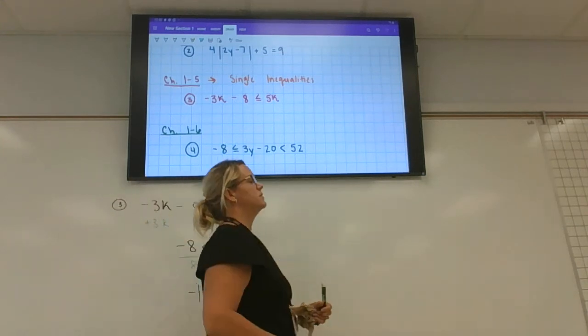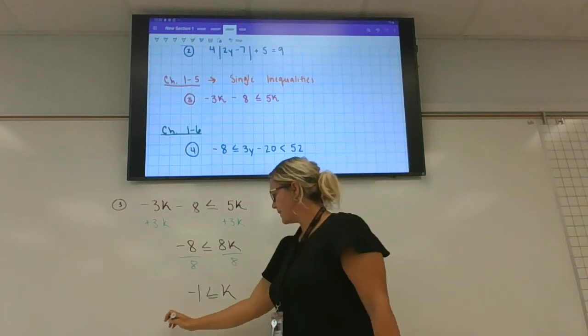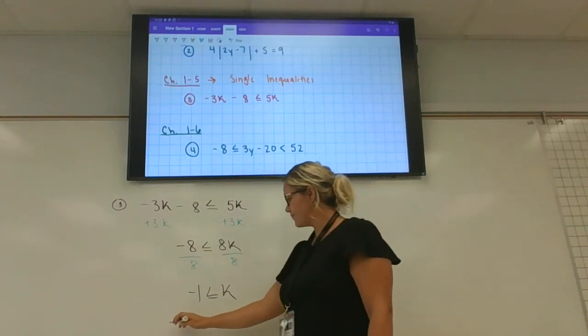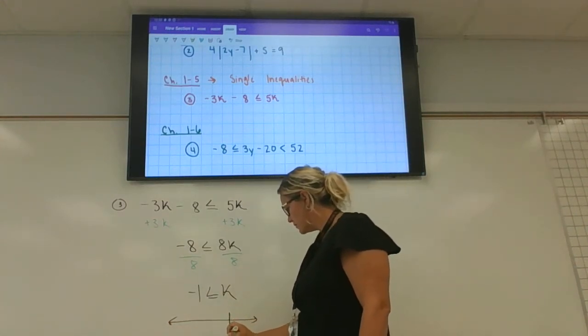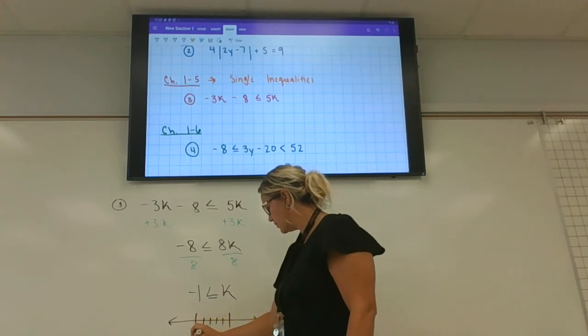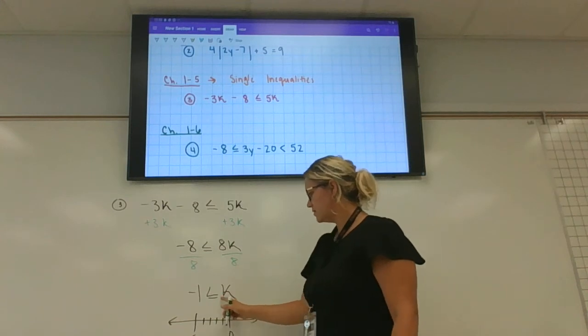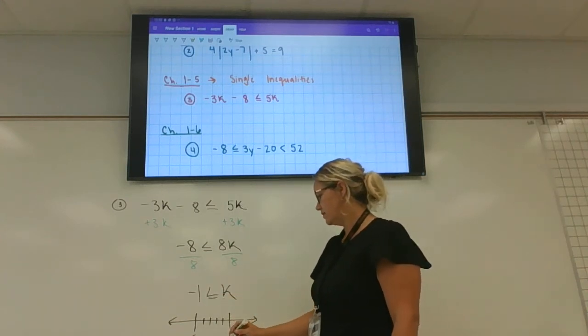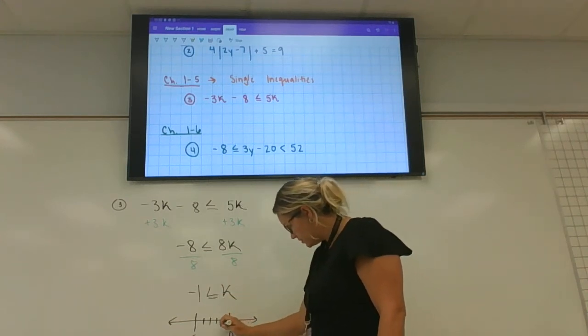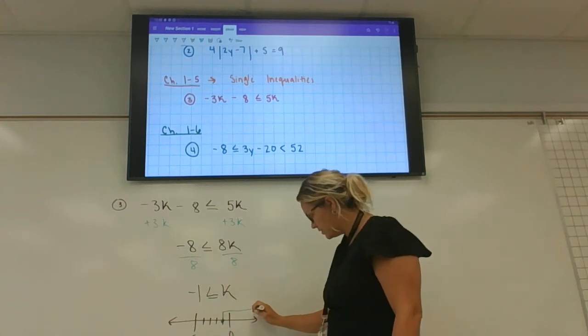Go ahead and graph this one. This reads k is greater than -1. I'm going to do a closed dot, point to numbers that go higher.